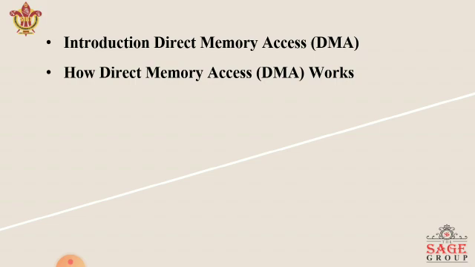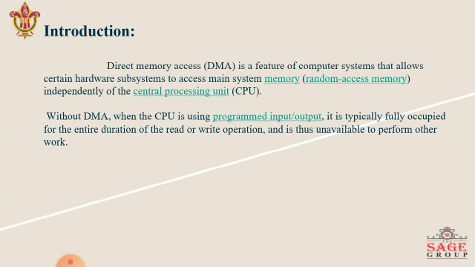Here we cover the introduction of direct memory access and how direct memory access works. In the introductory part, direct memory access is a feature of computer systems that allows certain hardware subsystems to access the main system's memory independently of the CPU.